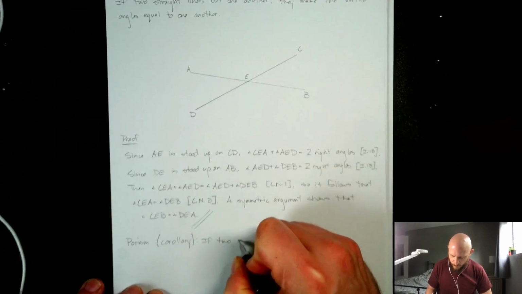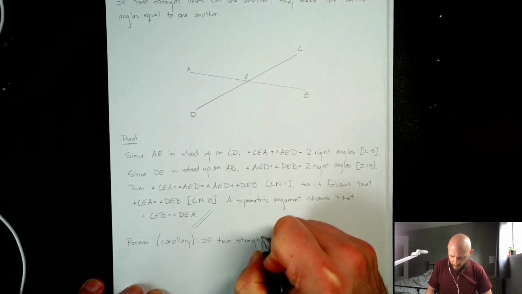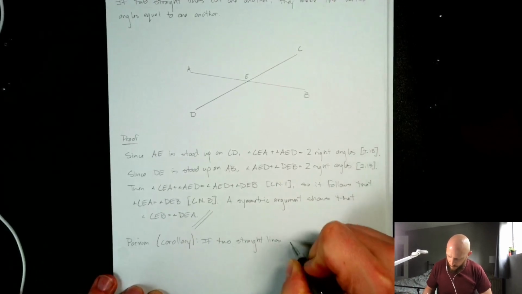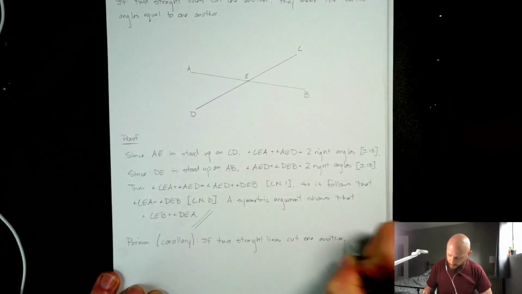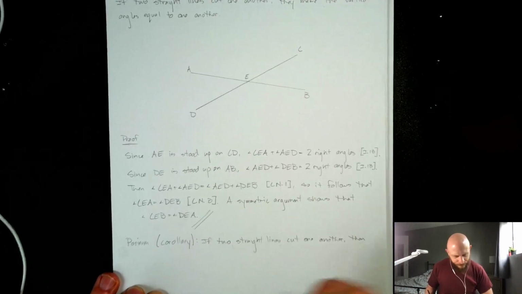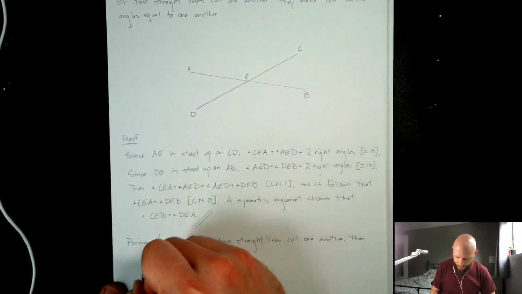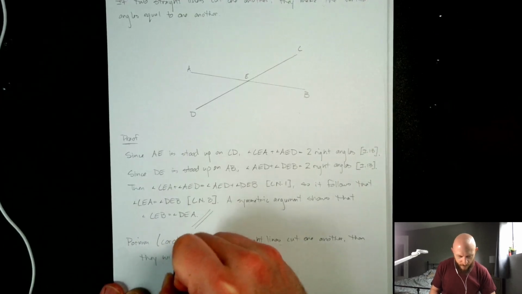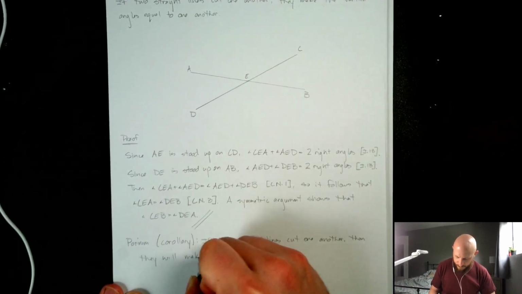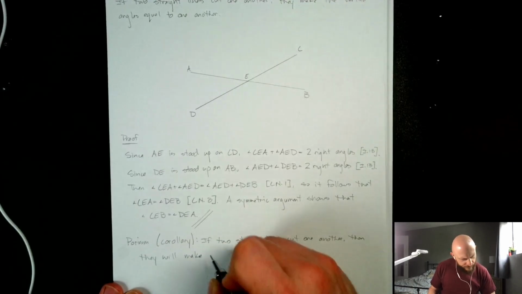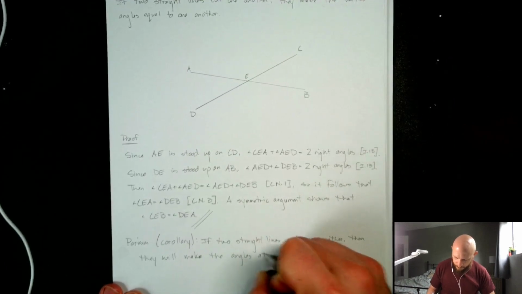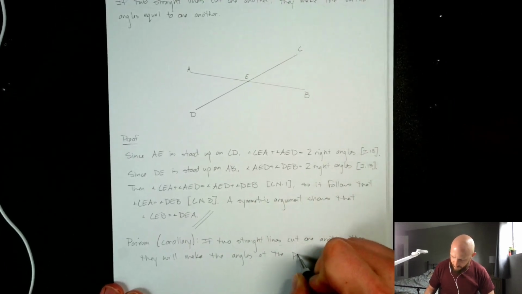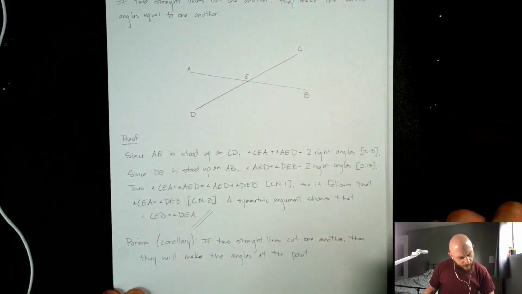if two straight lines cut one another, just like we have here, then they will make, how is it stated?